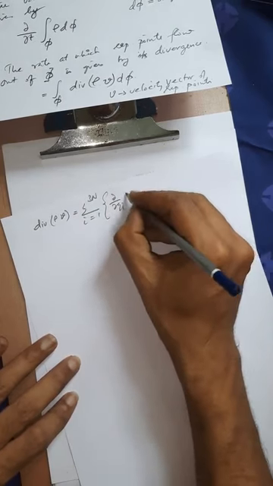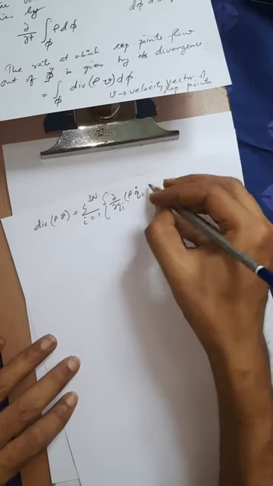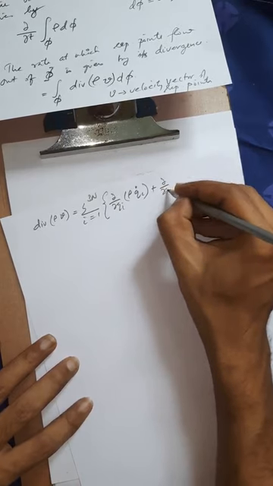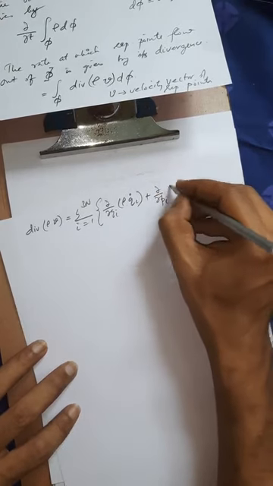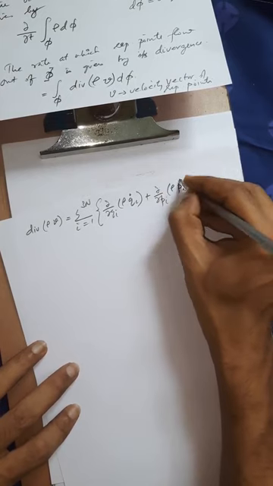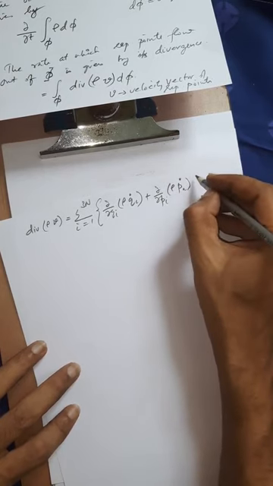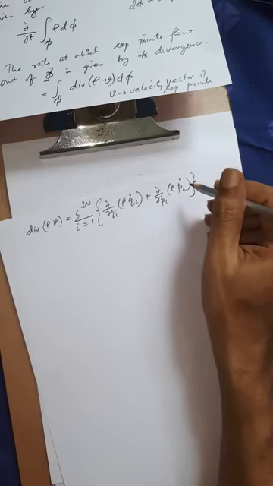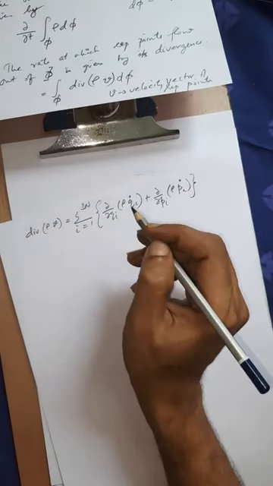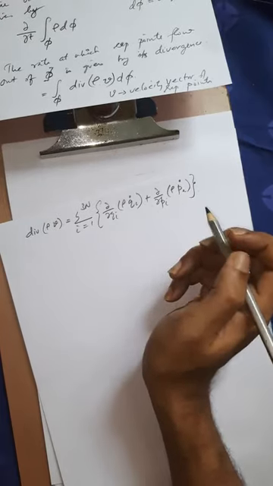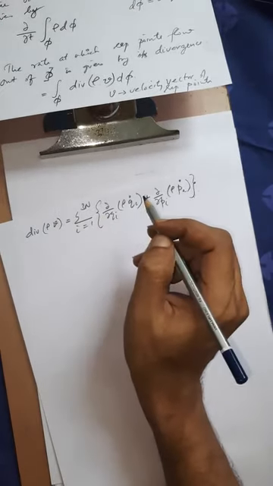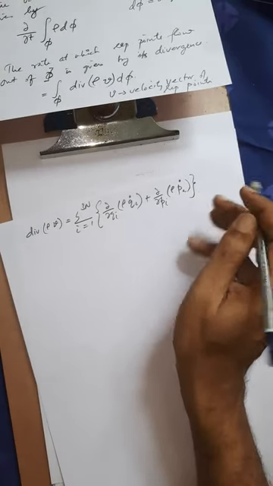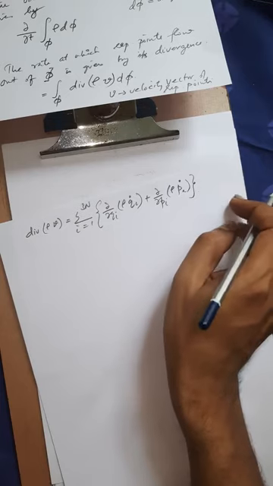Dou by dou qi of rho qi dot plus dou by dou pi of rho pi dot. Right, in terms of the q and the p parameters, we can express this rho v like this. Sum over i is equal to 1 to 3n dou by dou qi of rho qi dot plus dou by dou pi of rho pi dot.